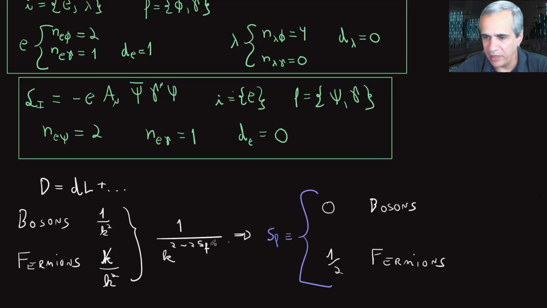That way, the propagator will behave like it's supposed to behave for each of these two kinds of particles.